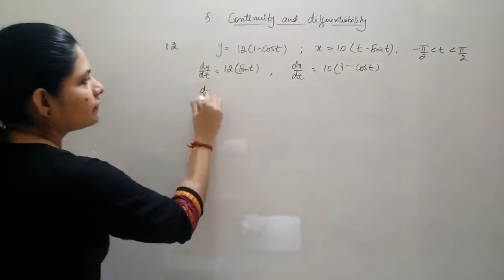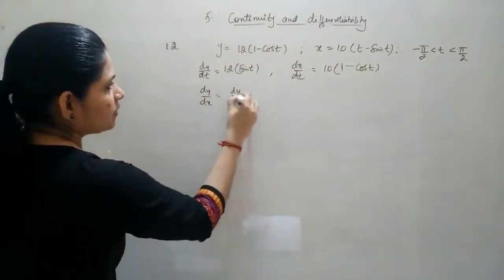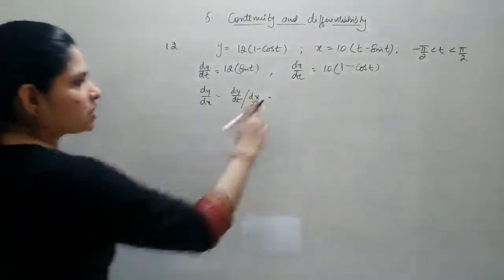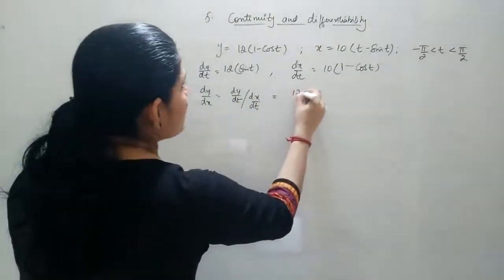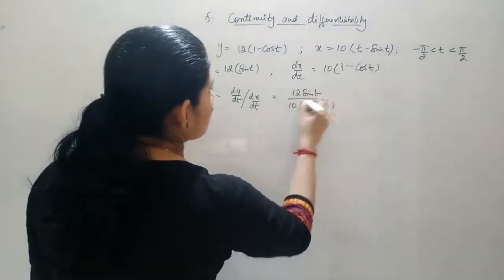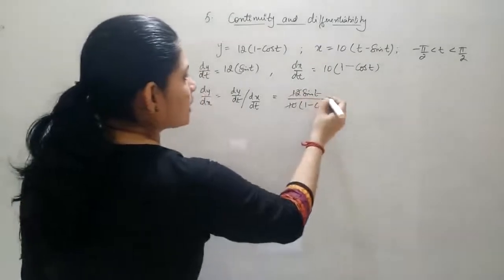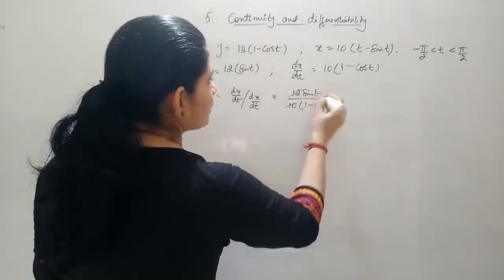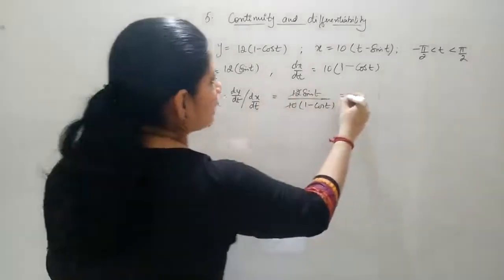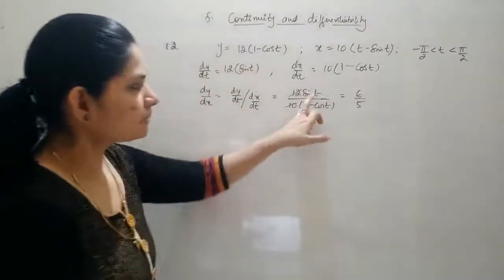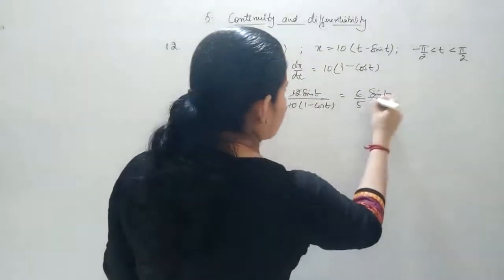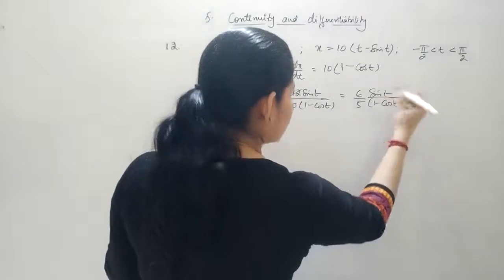So your dy by dx is dy by dt divided by dx by dt, which is equal to 12 sin t divided by 10 into 1 minus cos t. So this can be written as 6 by 5 into sin t by 1 minus cos t, right? That means we can reduce it even more.